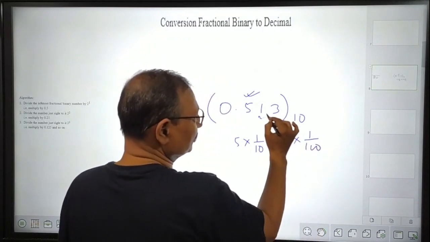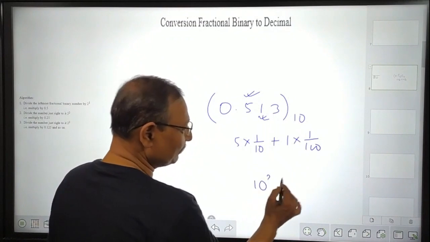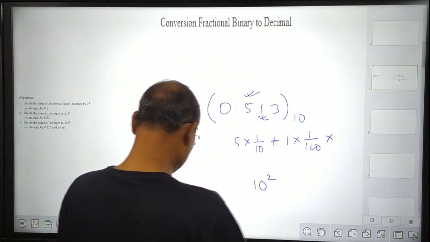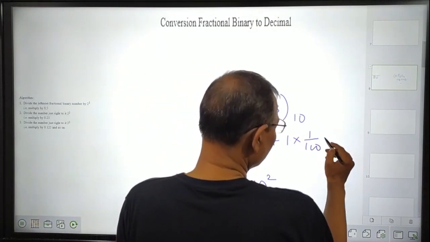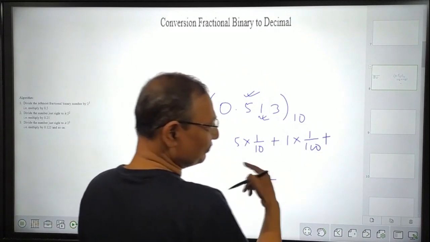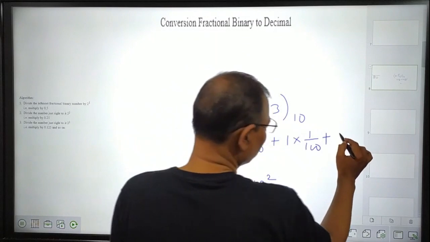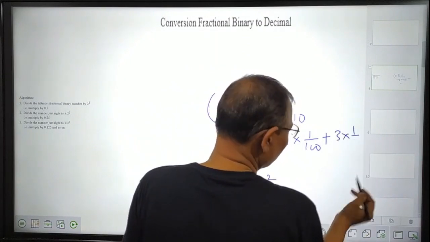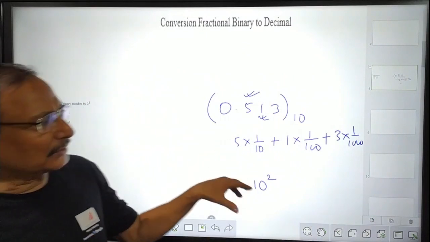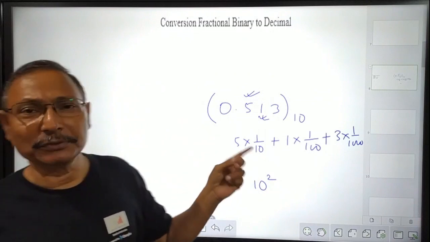That means this digit is multiplied by 1 by 10 squared. And now the third digit is multiplied by 1 by 10 cubed, that means 1000, and added to the sum of these two. So we can get the result in this manner.